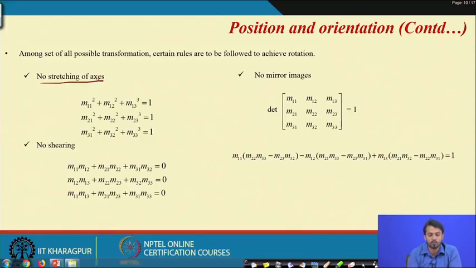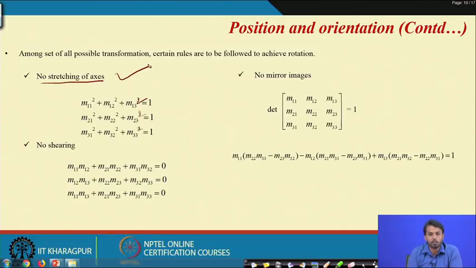In the previous slide you saw that m11, m12 and m13 represent the transformation matrix along with m21, m22 and m23. For no stretching of the axis, you should follow this property: m11 squared plus m12 squared plus m13 squared is equal to 1. Similarly, m21 squared plus m22 squared plus m23 squared is equal to 1, and m31 squared plus m32 squared plus m33 squared is equal to 1. This property is for no stretching of the axis.